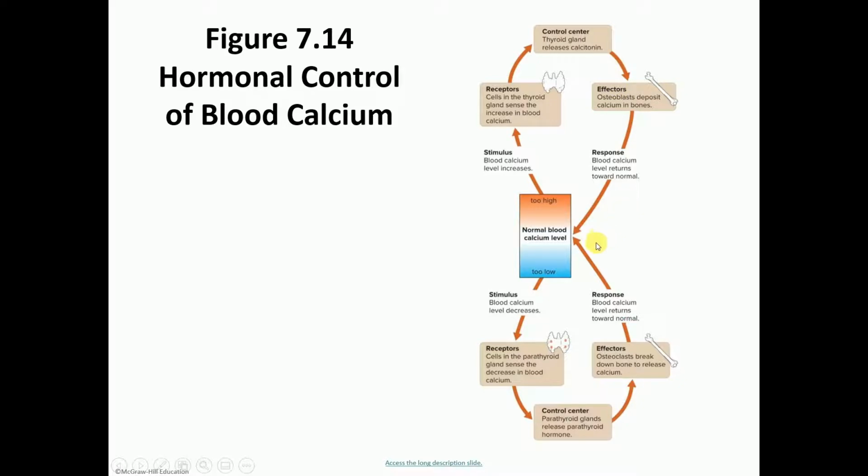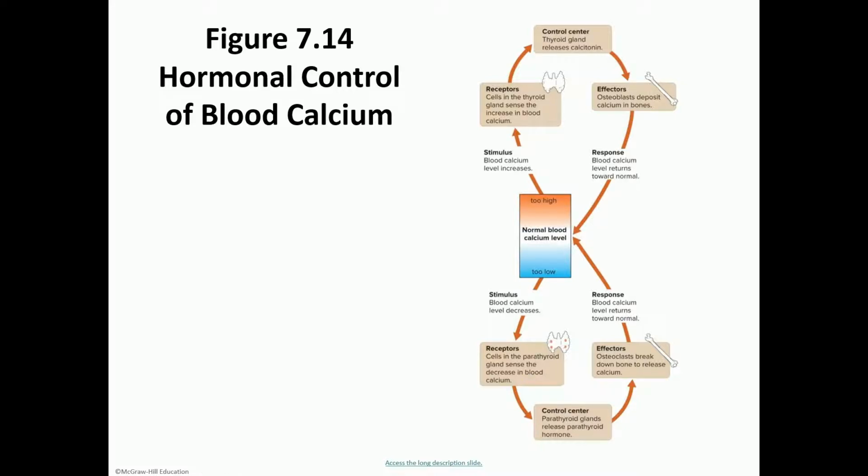Your other scenario is that if calcium levels are too low, that stimulus of hypocalcemia, or low blood calcium levels, will stimulate the receptors of the parathyroid glands to make a hormone known as PTH, or parathyroid hormone.